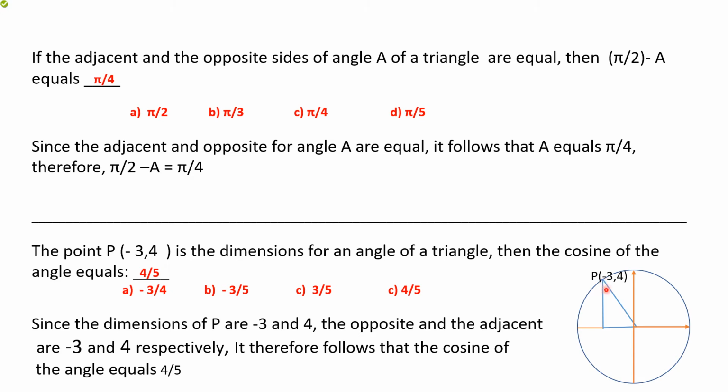We want the cosine of this angle, so the opposite is -3 and the adjacent is +4. Since the adjacent is +4 and the opposite is -3, the hypotenuse must be equal to 5. So the cosine of this angle is the adjacent, which is 4, divided by the hypotenuse, which is 5. And that's the answer, 4/5, which is right here.